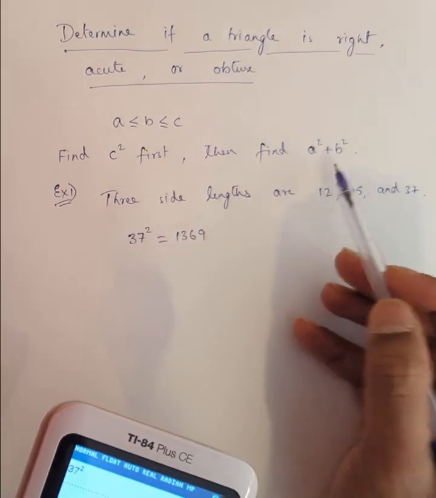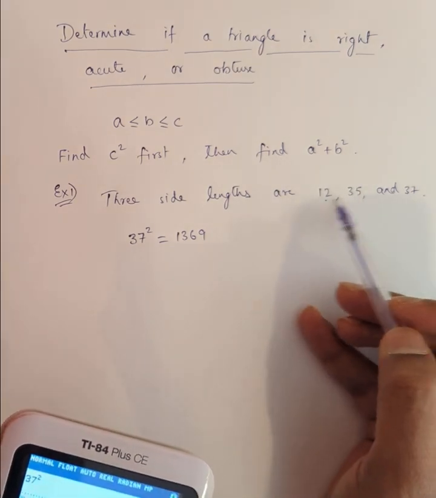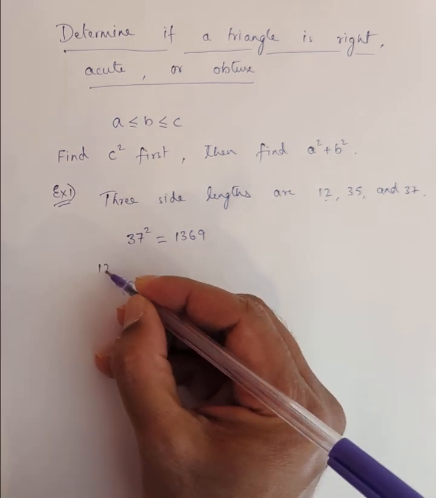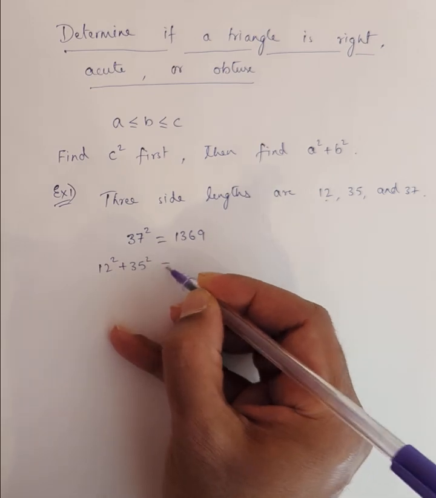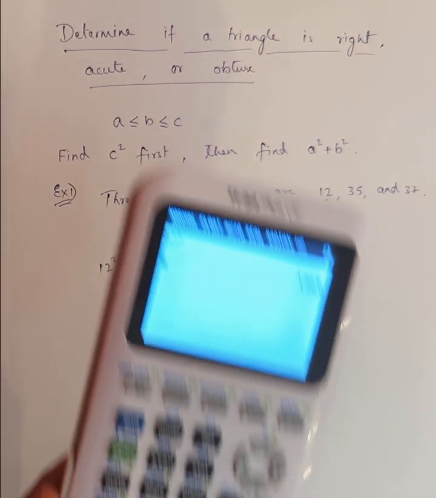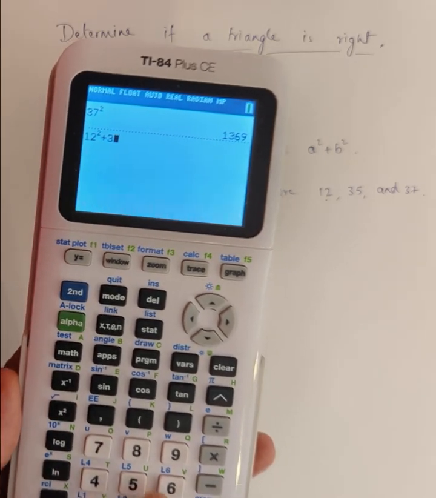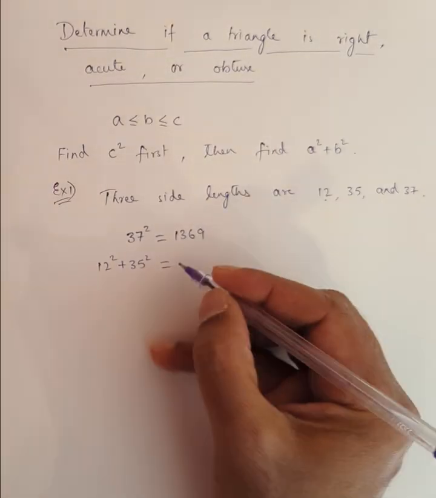And then I want to find the sum of the squares of the smaller sides. So let's do that. What is 12 square plus 35 square? I can put all of that in the calculator at once. 12 square plus 35 square is 1369.